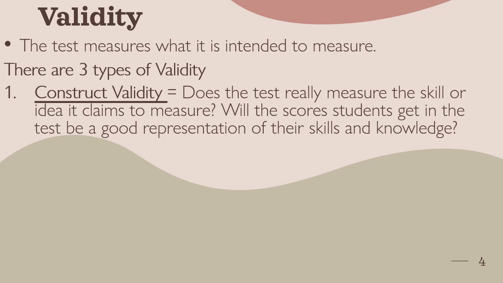For example, testing vocabulary, but then you ask students to read a long reading text and see if they can understand it. They're not really using the vocabulary. They'll just be simply trying to understand the vocabulary. So it's different. The construct has no validity.